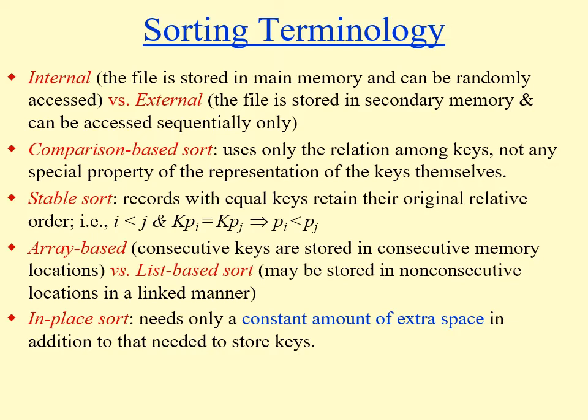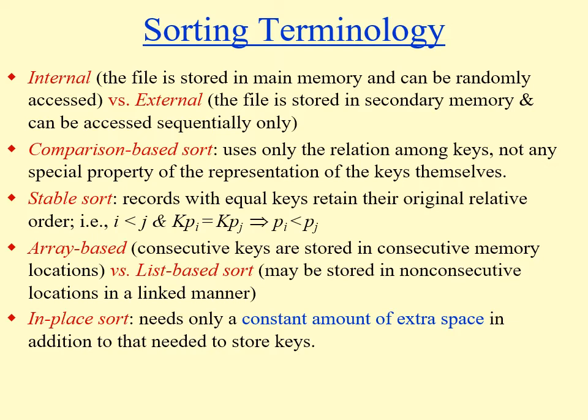So the file is stored in secondary memory, usually a hard disk, and also can be other external storage devices, for example a portable drive or even tape and so on. And it can be accessed sequentially only. So this is the difference.